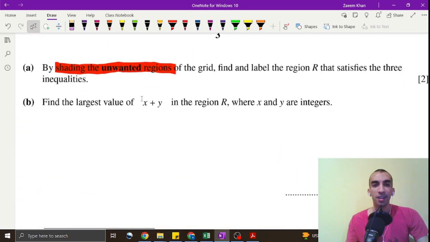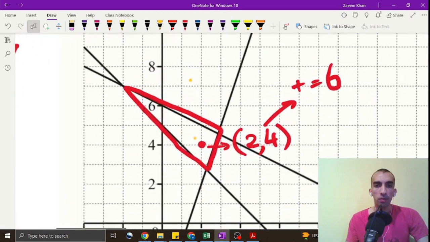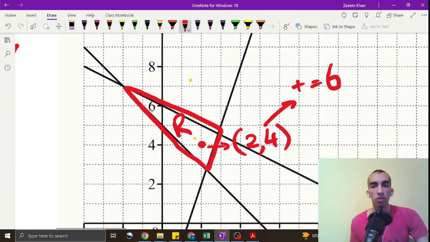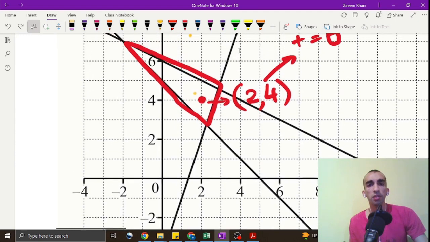6. Find the largest value of x plus y inside. If I were to stay inside this region R, would you say 6 is the biggest value that's possible? Let's try all of the variations.